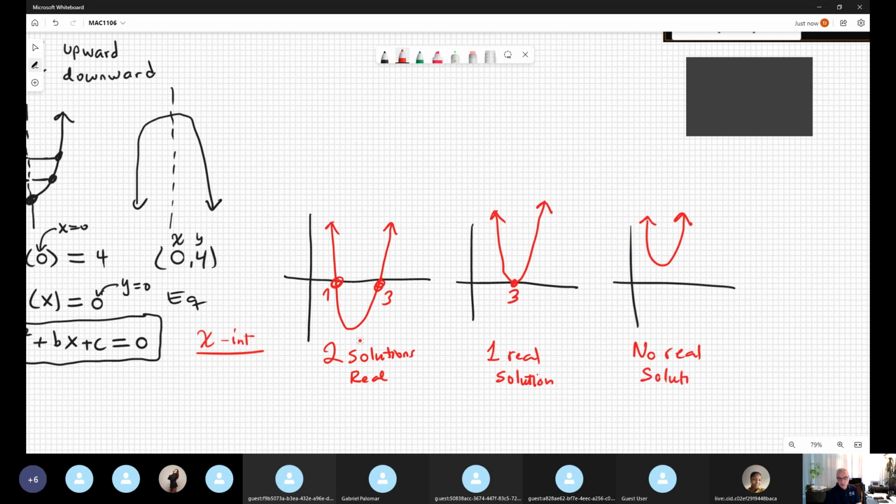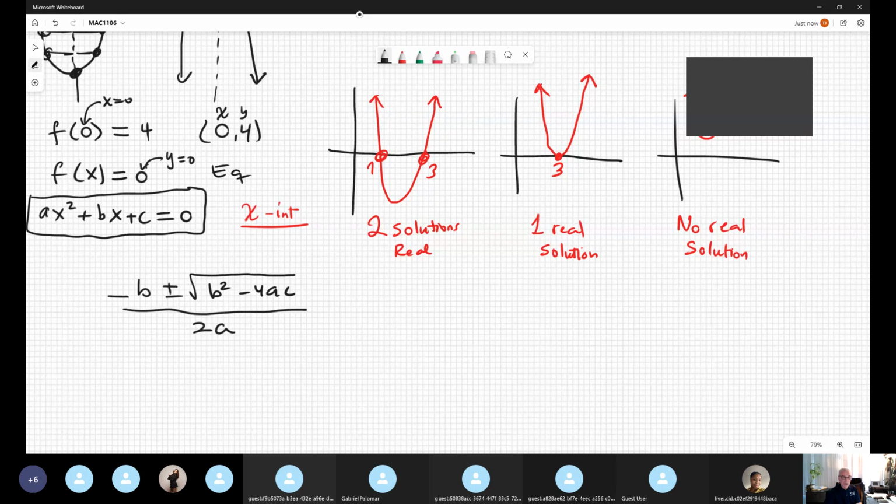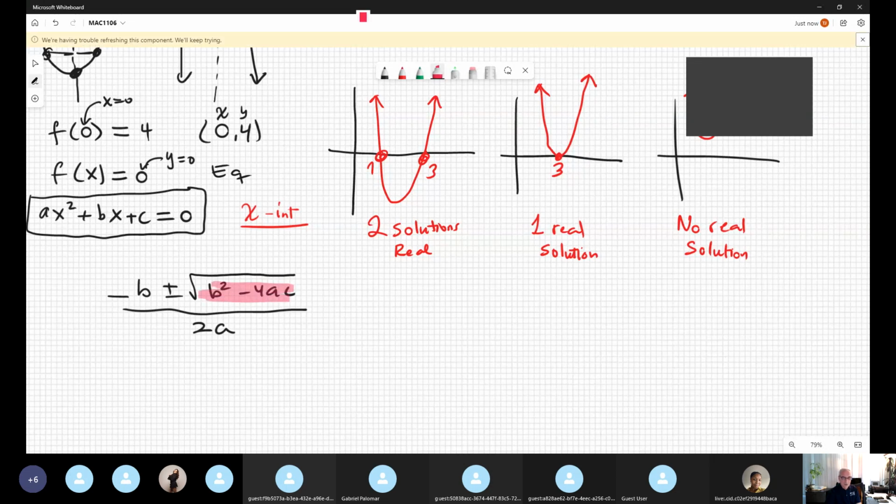So what is the reason? How do you determine this? One way is solving the quadratic equation. But one intuition to find this without solving is, remember the quadratic formula is minus b plus or minus the square root of b squared minus 4ac, divided by 2a. And this expression is extremely important to determine the behavior of the solution.